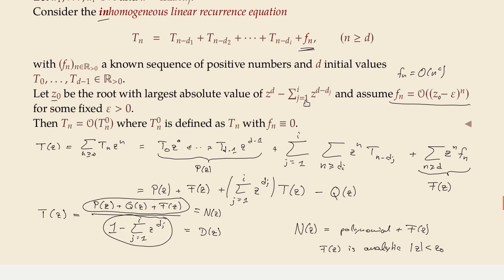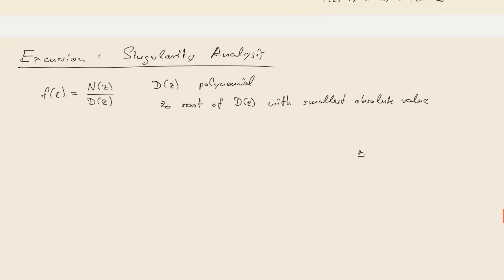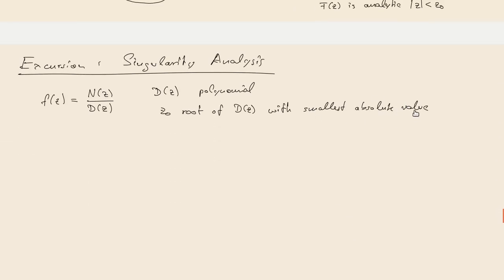So 1 over the roots of these are the roots of these. Okay. That's why we now look at the roots of smallest absolute value. And we assume that this numerator can be any function as long as it's analytic, this cryptic term that you may translate as smooth enough.